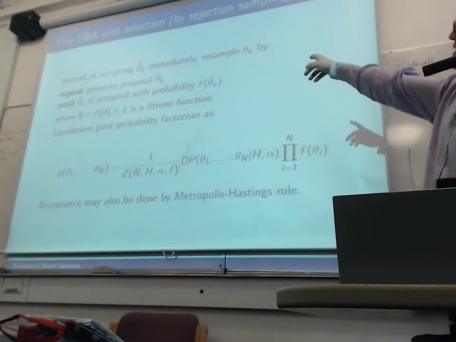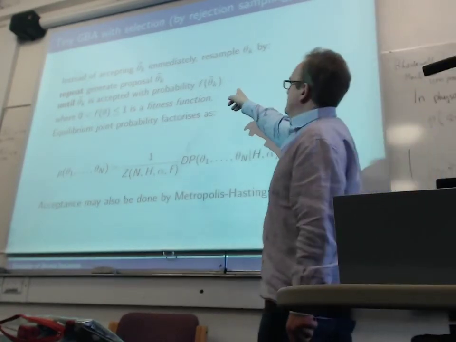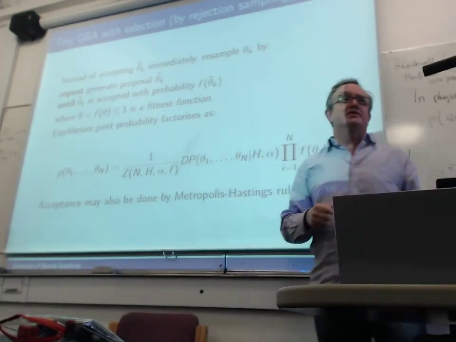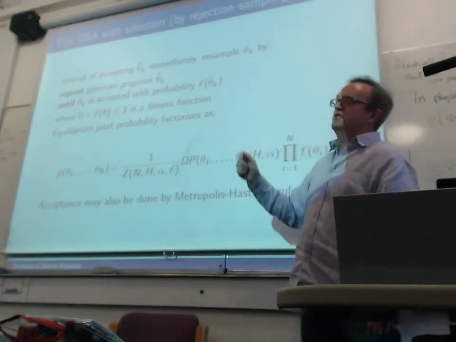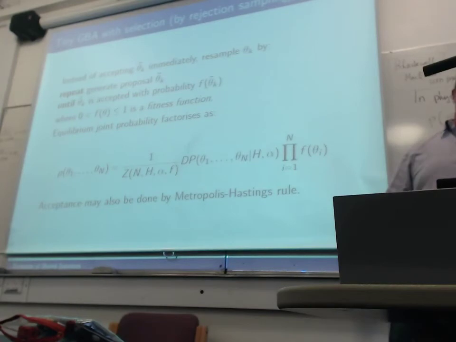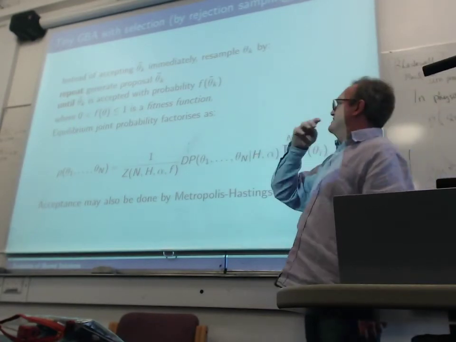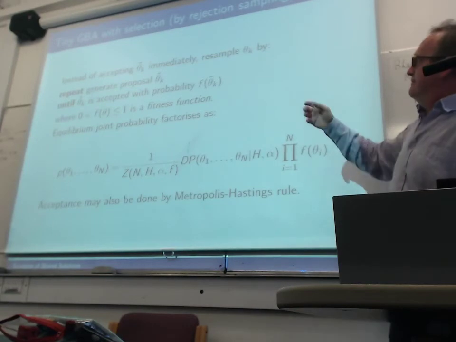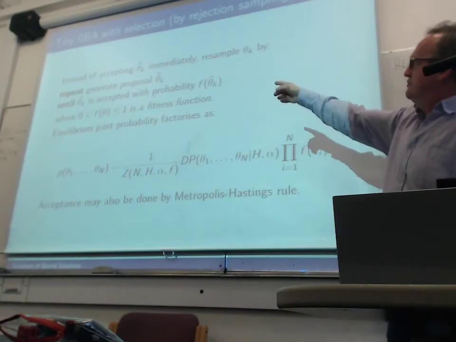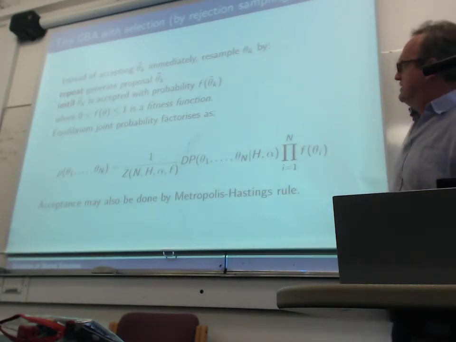And so what we do is we look at the proposal, and we have a fitness function which gives you a value. It better be greater than 0, because there's no point otherwise, and less than or equal to 1, and that's simply the probability of accepting. And so we generate a proposal and accept it with probability x into k.